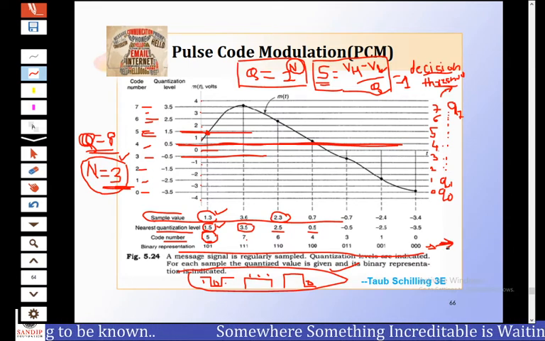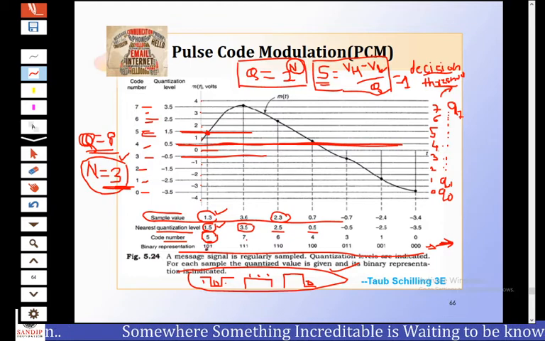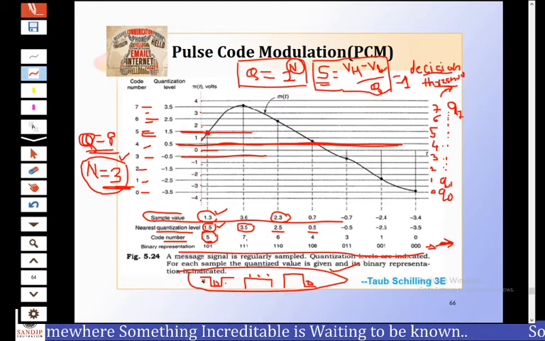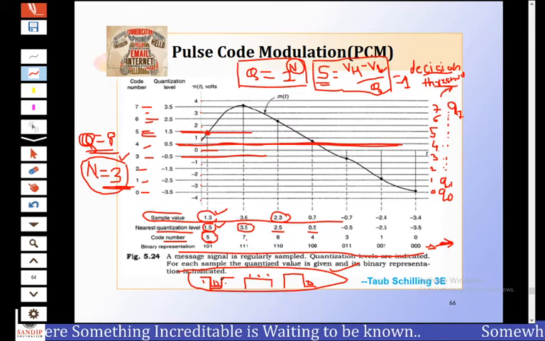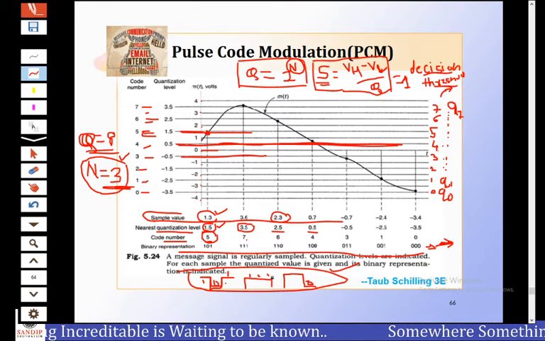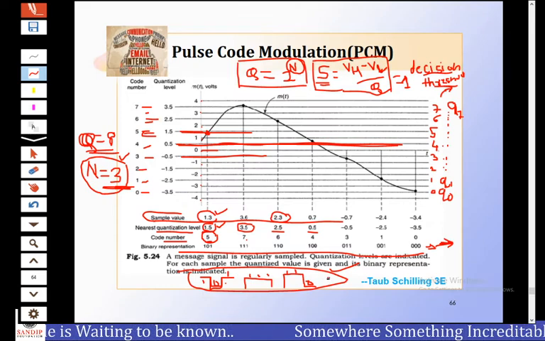Now this output is converted into pulse form, pulses, that is 101. If you represent this 101 in pulse form, it is nothing but 1, then 0, then 1, then 111, 110, 100, 001.